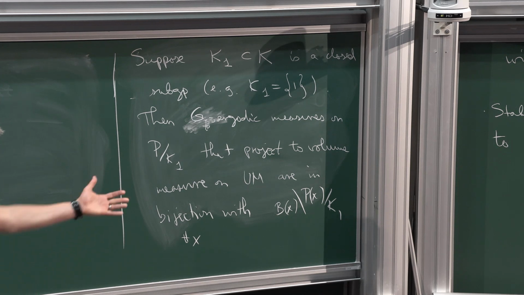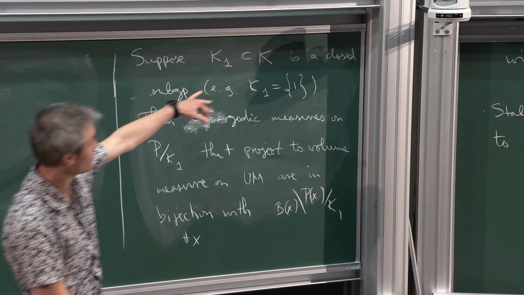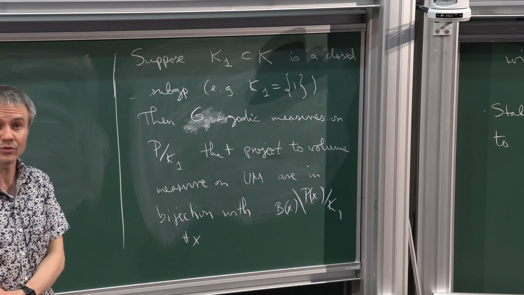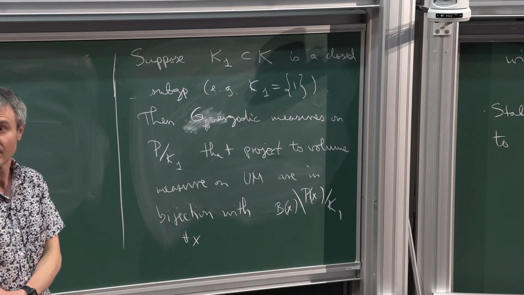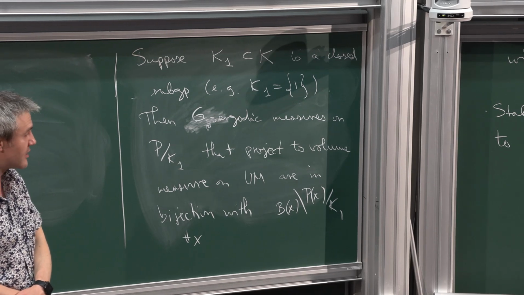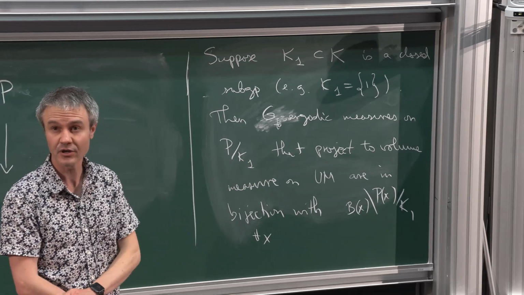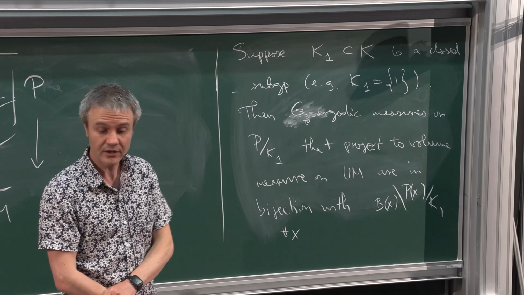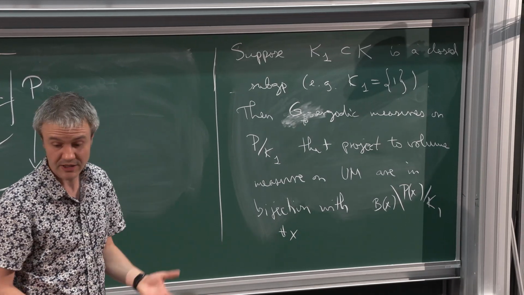In particular, if this Brin group is the largest it could be, for example, if the Brin group is all of K, then all of these actions are ergodic no matter what K1 is. If the Brin group is very small, then essentially none of them are ergodic except for the trivial action. So in general, you want to show that the Brin group is as large as possible.